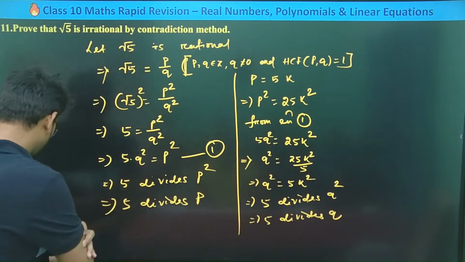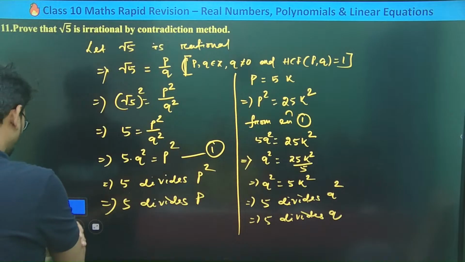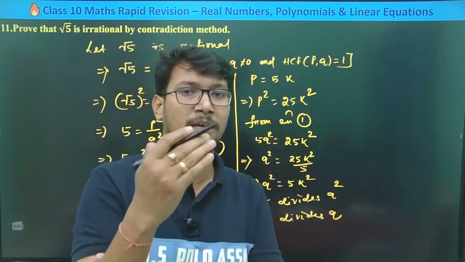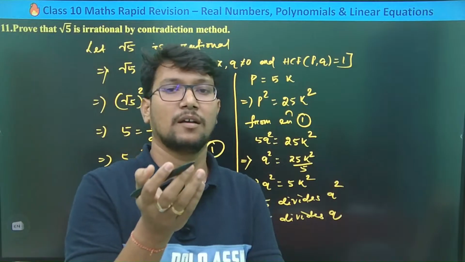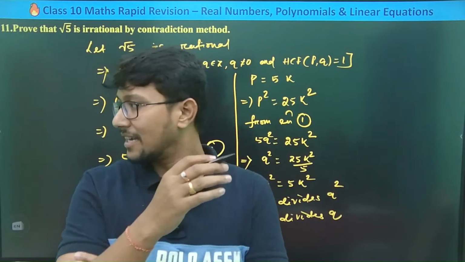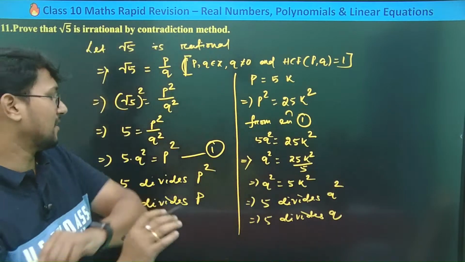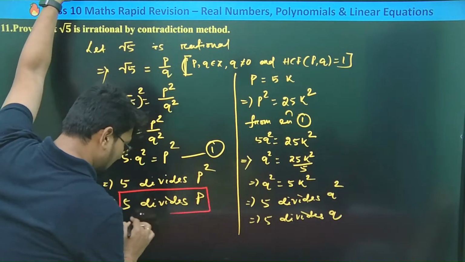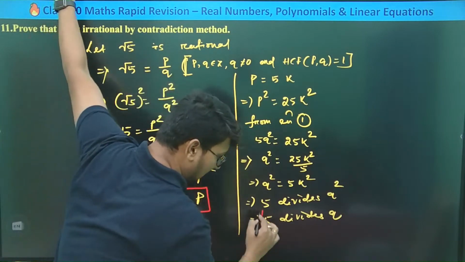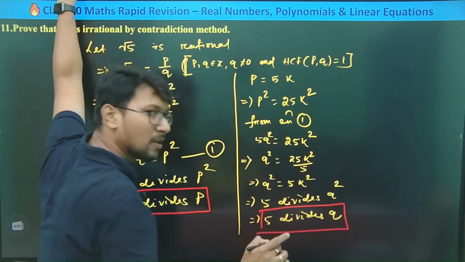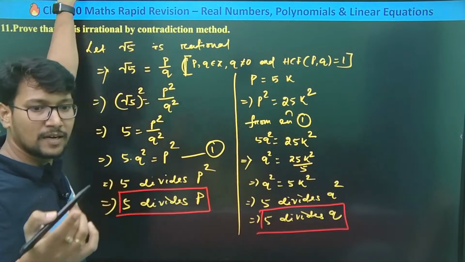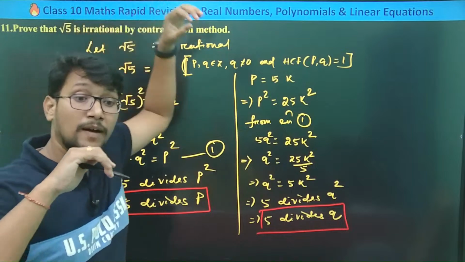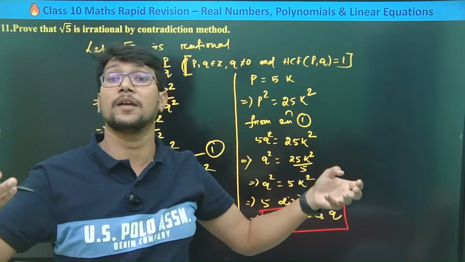Now check, 5 divides p and 5 divides q, which means 5 is a common factor of p and q.